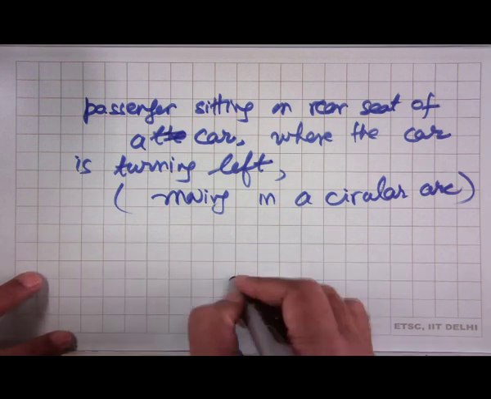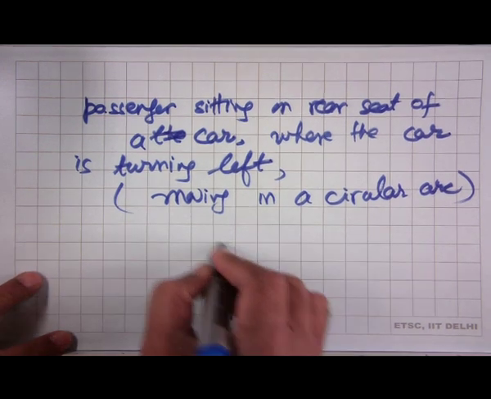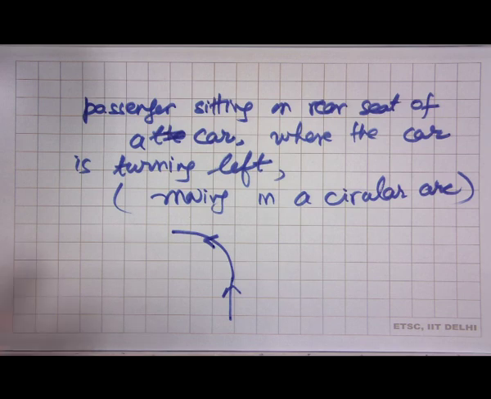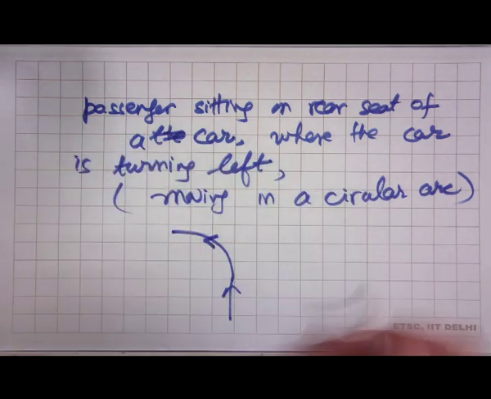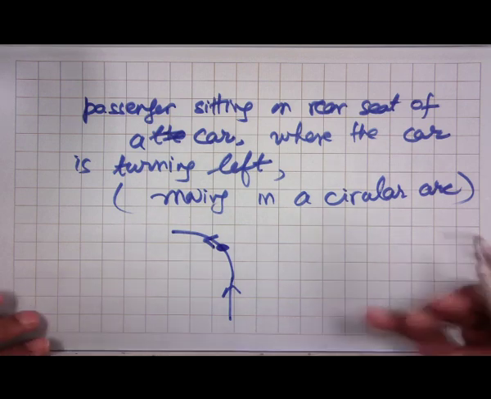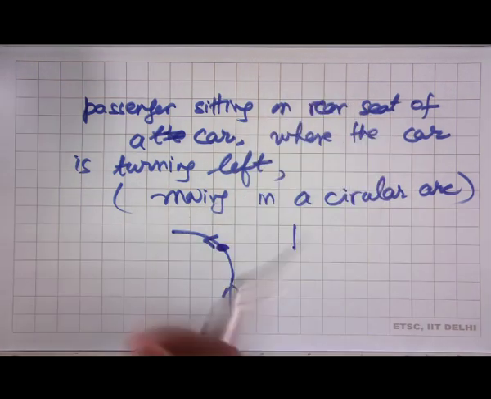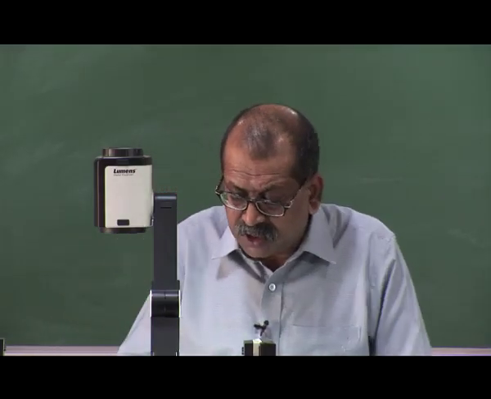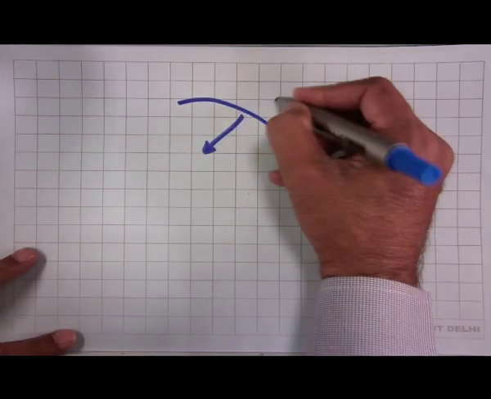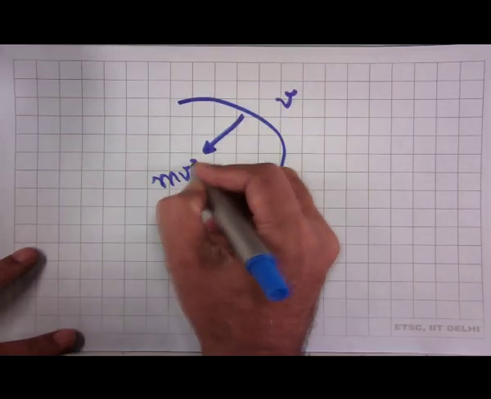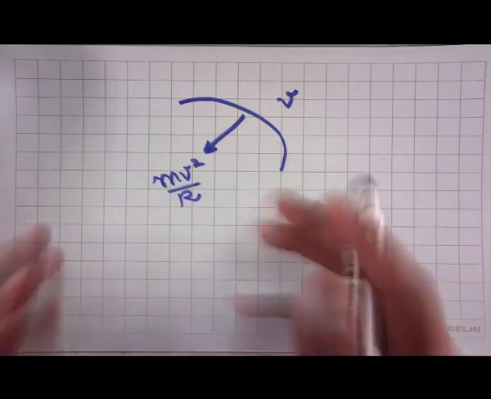So, the car was initially moving straight and then it starts to turn left. So, we assume it is an arc of a circle through which the car is turning. So, now if there is a passenger sitting in a car, we are trying to analyze the situation of the passenger. Since the car is moving in a circle with a velocity v, there is a force mv square upon r acting on the car.